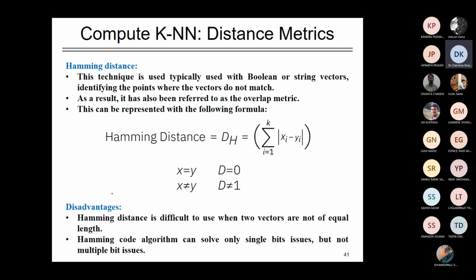Okay, so when we apply this Hamming distance, we have to get the vectors in identical dimension. Then only we can apply this distance matrix. Otherwise, we cannot apply. Hamming distance code algorithm can solve only single bit issues, but not the multiple bit issues. So this is another drawback of Hamming distance.